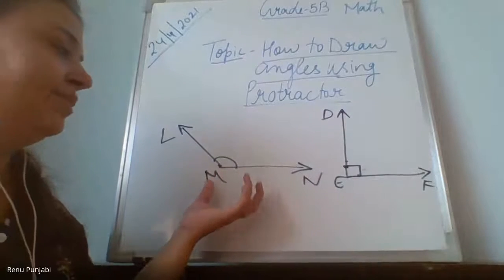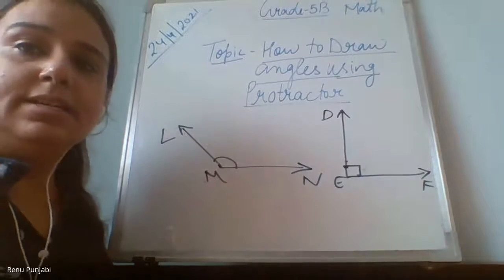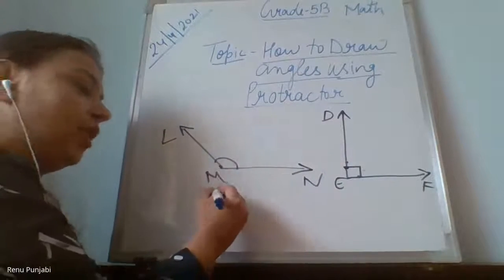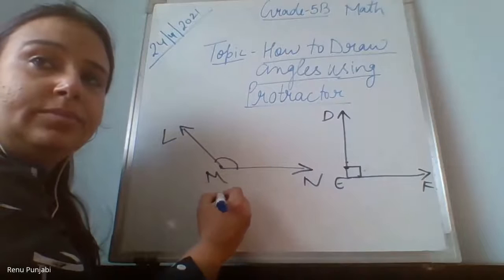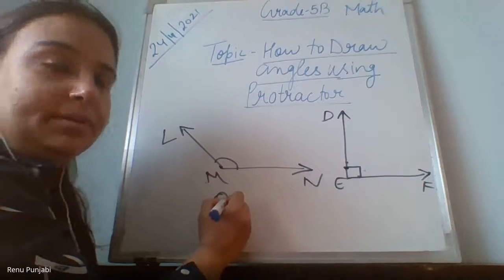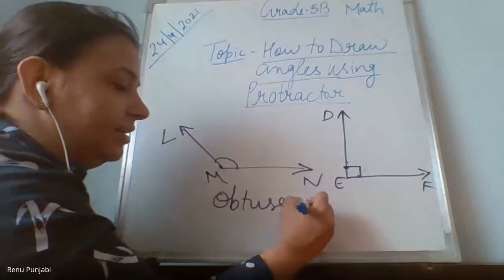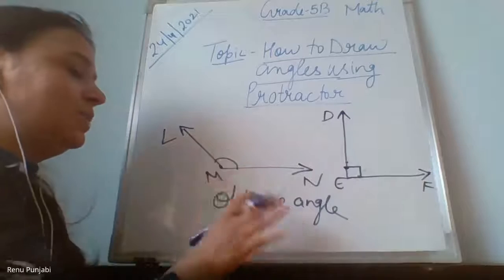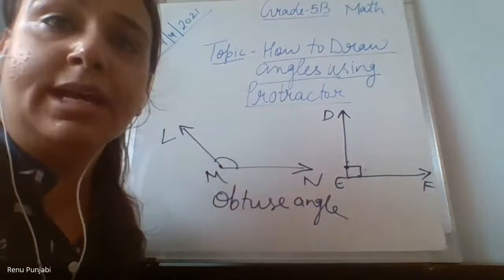yes, ma'am. Can you name the type of the angle? Which type of angle is this? This is obtuse angle. Very good. What is the spelling of obtuse angle? Obtuse, O-B. Yes, by looking at this angle, he is very clear that this should be an obtuse angle.